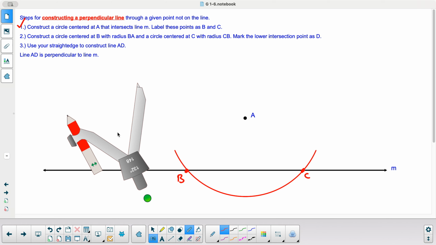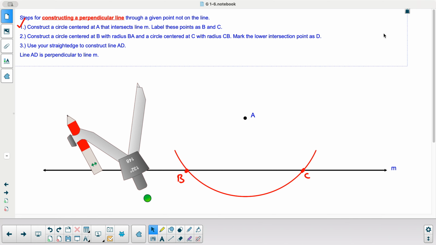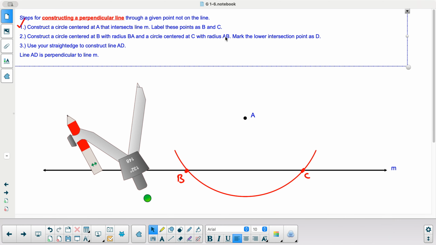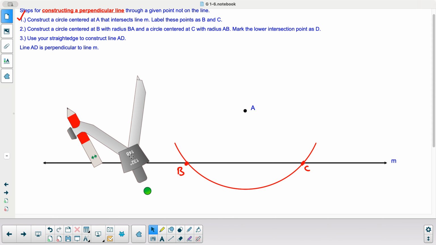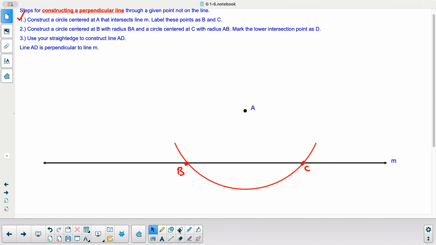All right, construct a circle centered at B with radius BA, and a circle centered at C with radius AC. No, that shouldn't be CB. That should be radius AC, or AB, either one. All right, so let me get a new compass here.